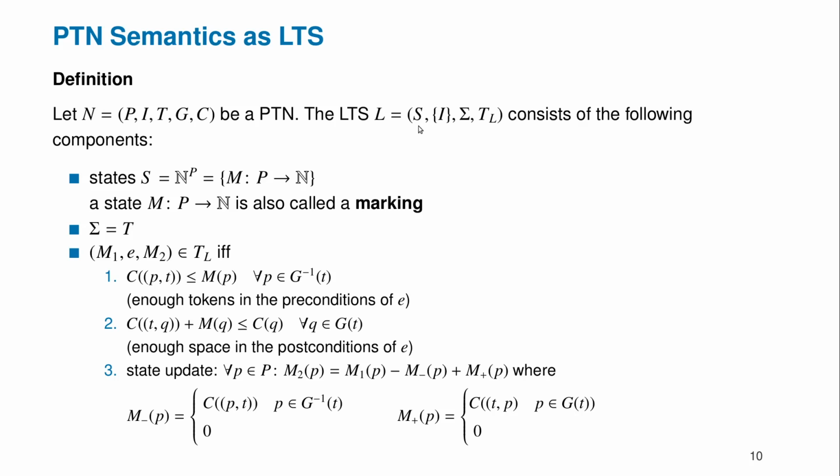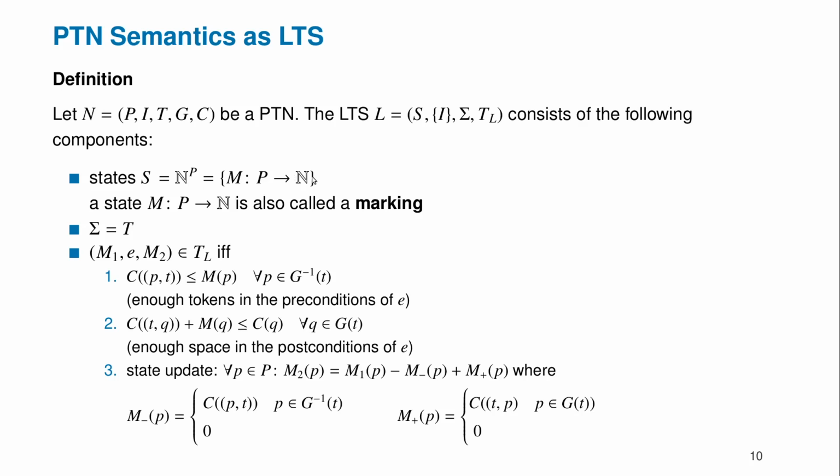We have states S, which is a set of markings, and a marking is a function that maps each place to a natural number. The set of all such functions we denote by N to the power of P, meaning all functions from P to N.